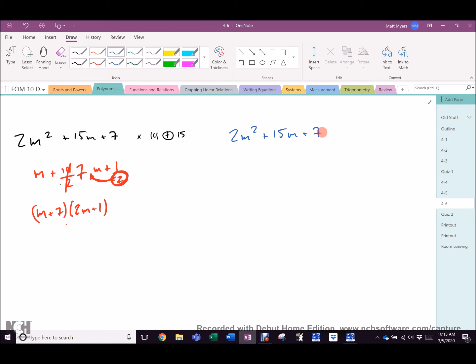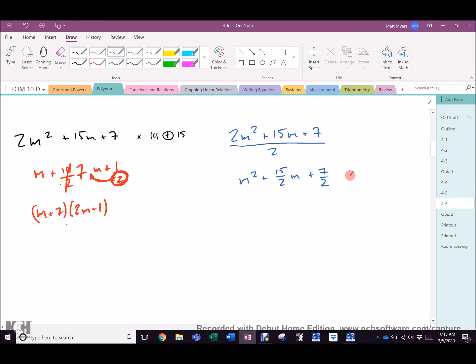But watch what happens if I get rid of the 2, okay? If I get rid of that 2, I have m squared plus 15 halves m plus 7 halves, yes? Does everyone agree? Same thing, right? Now, I've only got an m there.